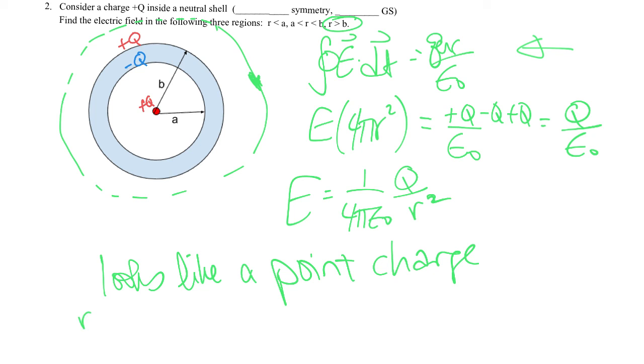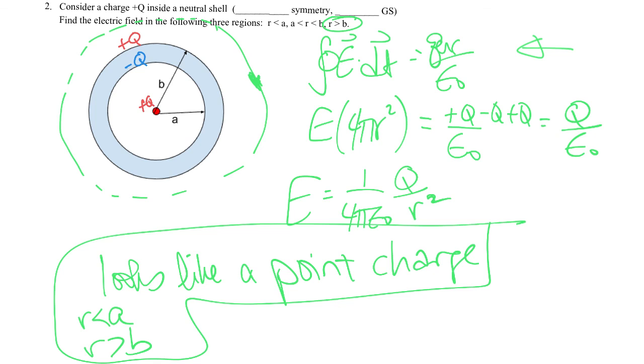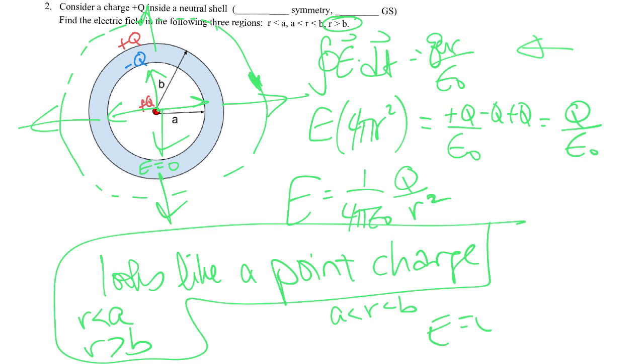So there were 3 regions that we looked at: R less than A and R greater than B both looked like a point charge, remember? And then inside, between A and B, E equals 0. Okay, so that is the full solution to number 2.